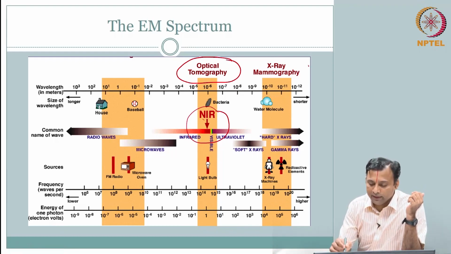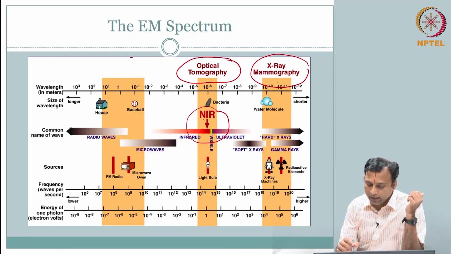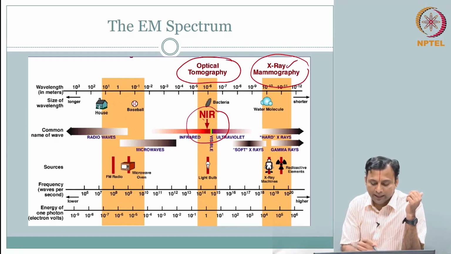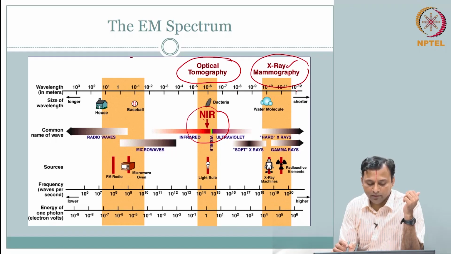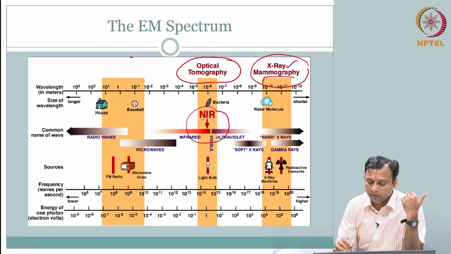You already see X-ray mammography, a modality that you know. That means the X-rays here have a certain wavelength, frequency, and so energy; you can look at it from any perspective.